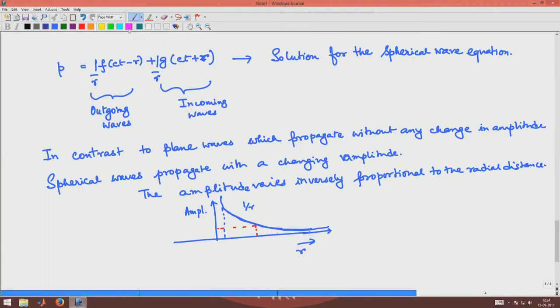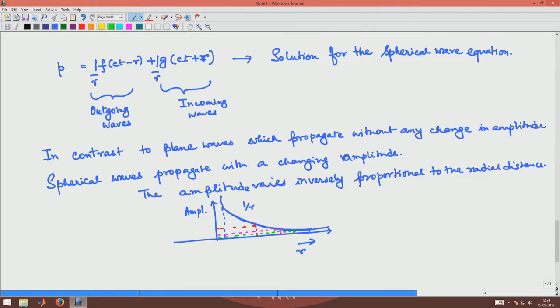What happens in a speaker, on the other hand, when you are hearing a sound through a speaker? If you are hearing music from a speaker, then possibly you are already standing far away from the speaker, and then if you go a little bit further, you are at, let us say, this position, and between these two positions there is hardly any difference in the amplitude of sound.